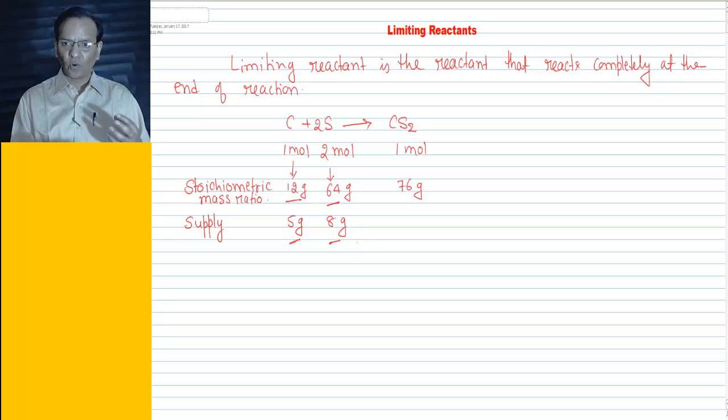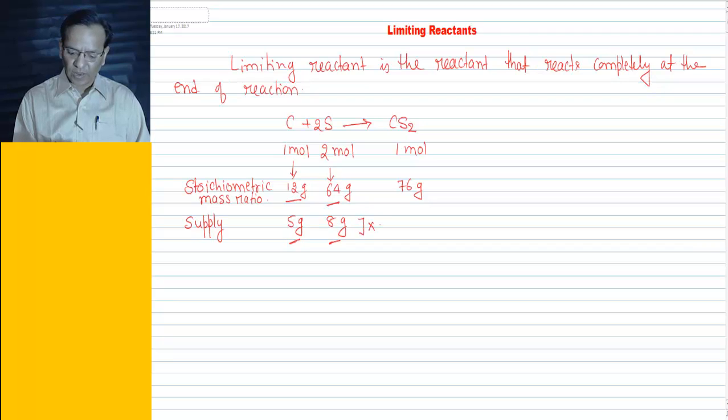Then try to make one of the supplied masses equal to a stoichiometric mass by multiplying the supplied mass with a constant factor. Means either you make this 8 into 64 or you make this 5 into 12. By multiplying the given masses by a constant factor, it is easier to find a factor of 8. So 8 into 8 is 64. So I am going to multiply it by 8 in order to make this mass 64.